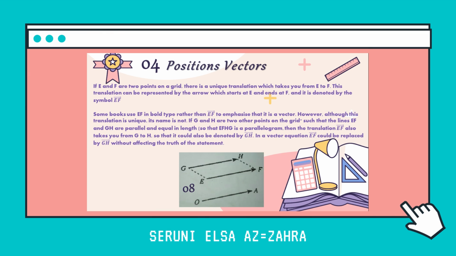Position vectors. If E and F are two points on a grid, there is a unique translation which takes you from E to F. This translation can be represented by the arrow which starts at E and ends at F, and it is denoted by the symbol vector EF.